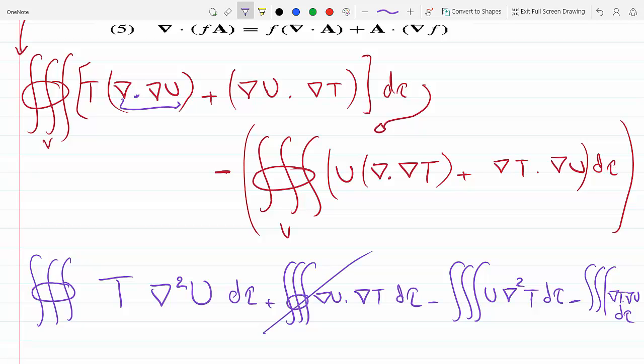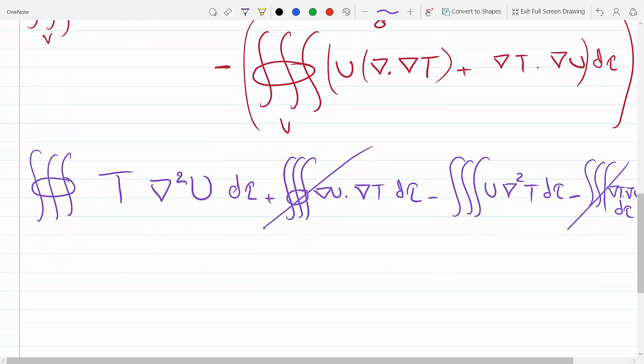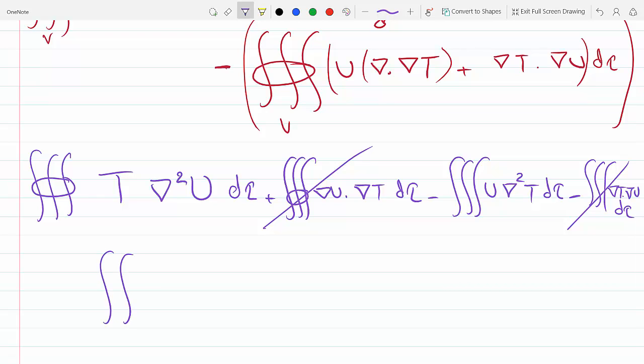You can see that these two are the same and they cross out, and what we will have left is the volume integral of T Laplacian U d tau minus U Laplacian T d tau.